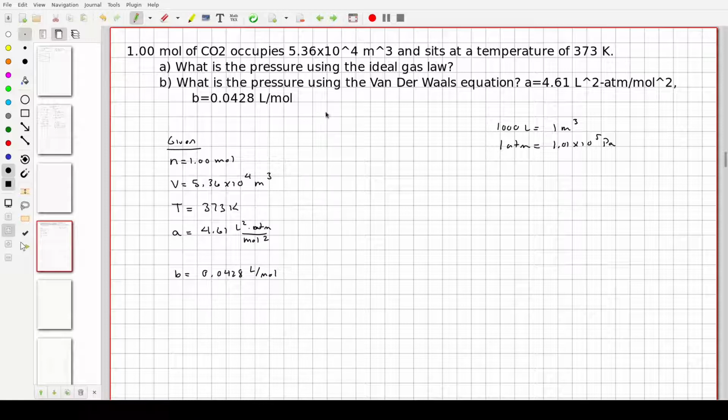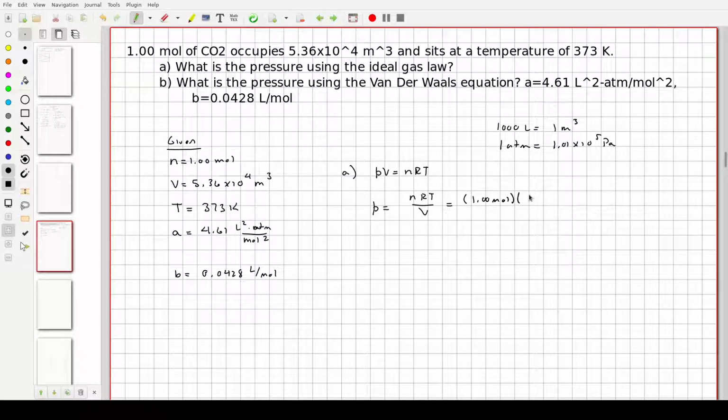So for part A, we're just trying to find the pressure using the ideal gas law. And so let's go ahead and do that one. That one's pretty easy because we know that PV is equal to nRT. So if we want the pressure, it's just going to be nRT divided by V, the volume. So n is 1.00 moles.